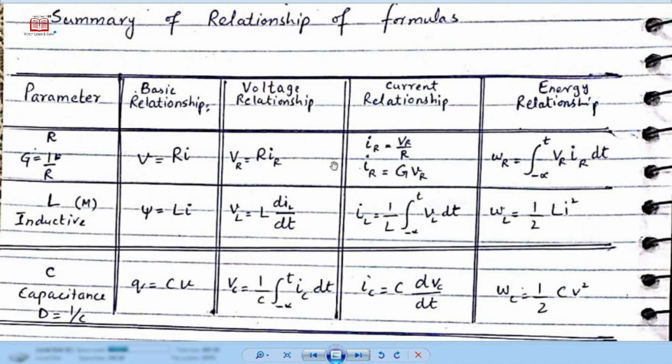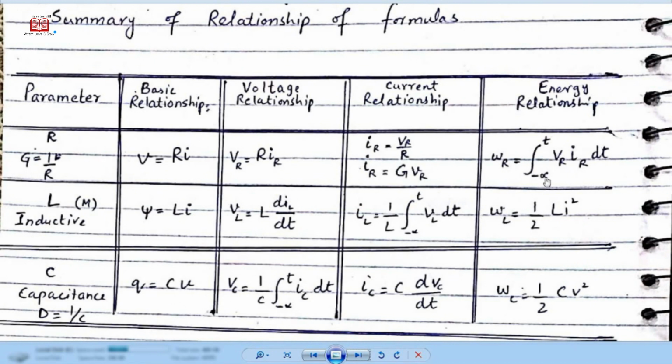V is equal to Ri, I is equal to V over R. This is converting the formula to the other side, which was already discussed in today's episode. And I is equal to GV, where 1 over R is equal to G, and V as it is. Now a new term, that is energy. Energy is equal to the integral from the time prior to switching to the present time.